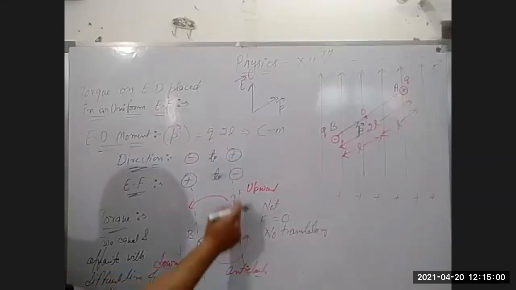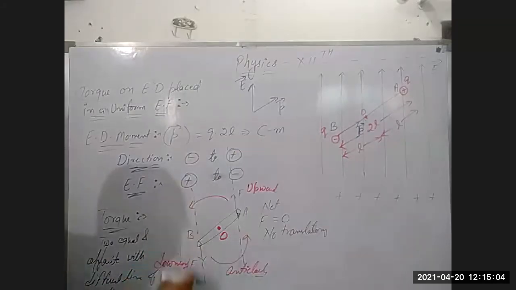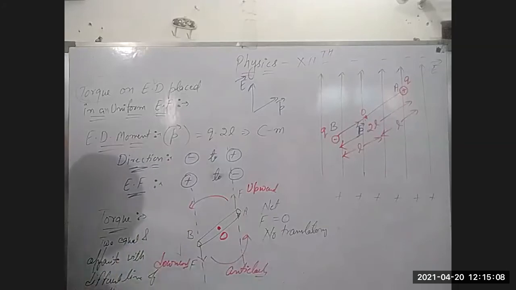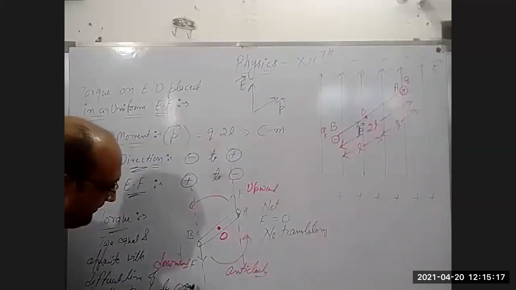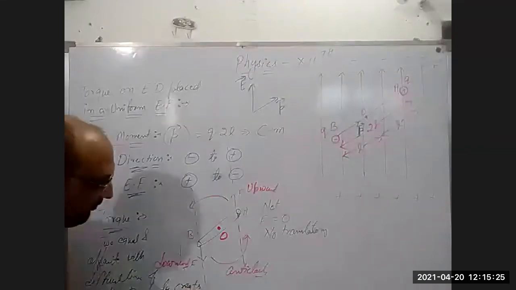This one has its line of action this way, and this one has its line of action in this way. Then, with different lines of action, the body creates rotation about a point.